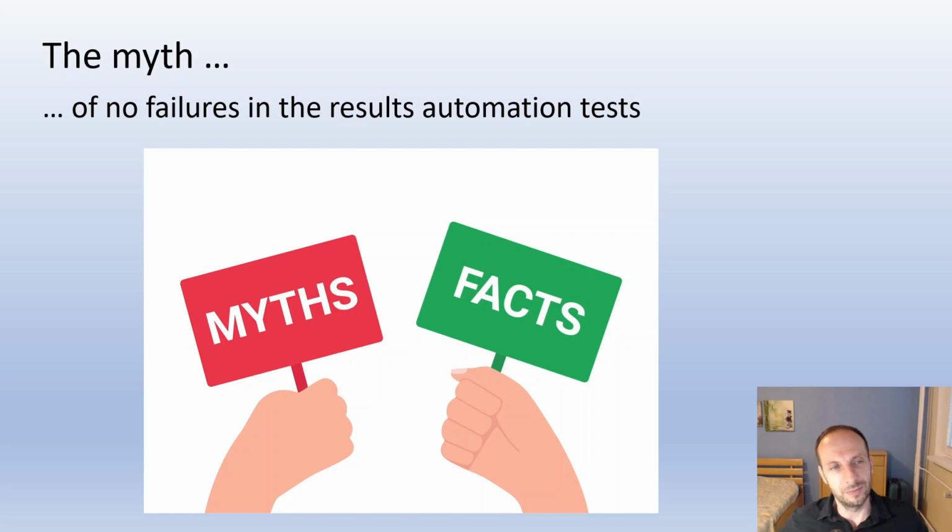So in such a setup, I think it's not possible to have only green tests. There will always be some tests failing, and now the question is if we know why they are failing.